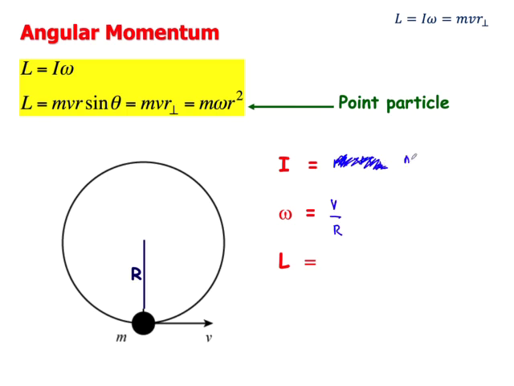This is going to be mr squared. This is rotational inertia I, not L. I'm solving L down here. L is equal to I times omega, or you can very quickly see it right here. If I again plugged in mr squared for I, times v over r for omega, you end up with just mvr.